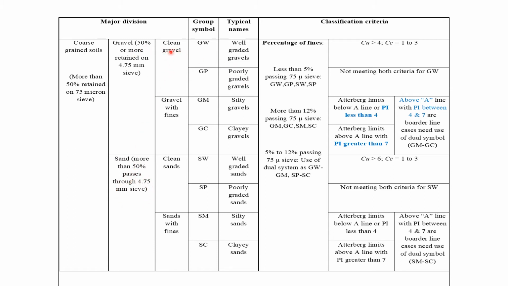आगे फर्दर देखें, क्लीन ग्रेवल और ग्रेवल विथ फाइन्स दो पार्ट में बटा हुआ है। Clean gravels further are divided into two parts, GW and GP.